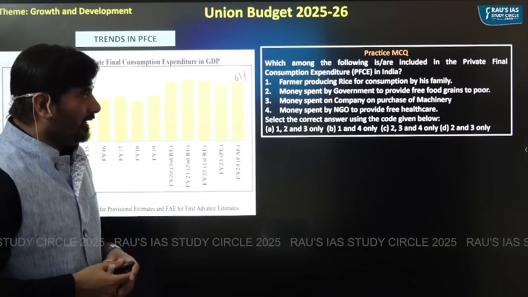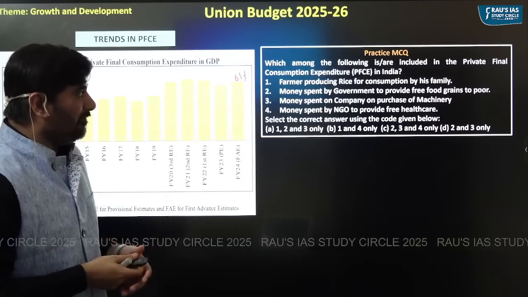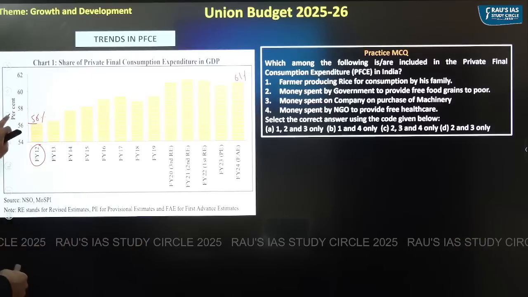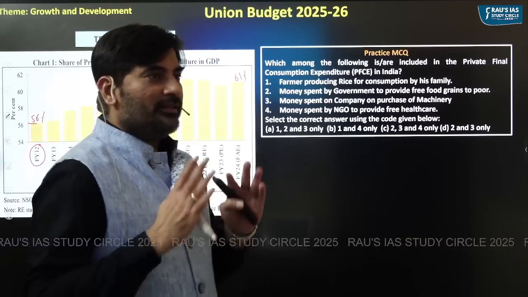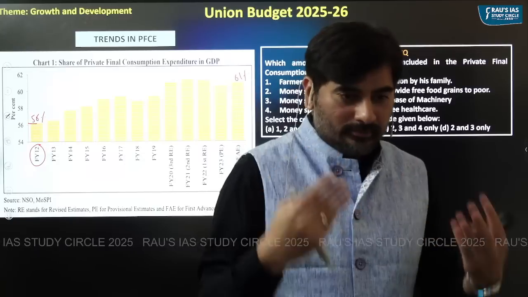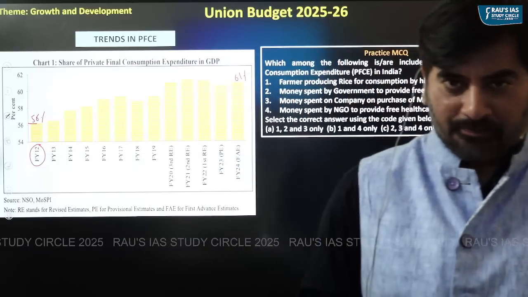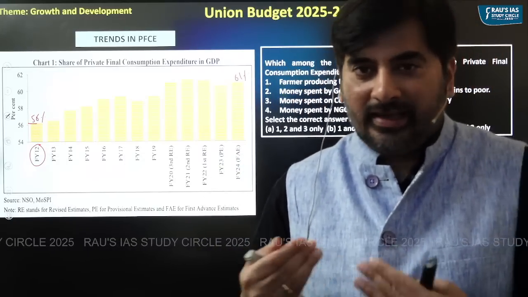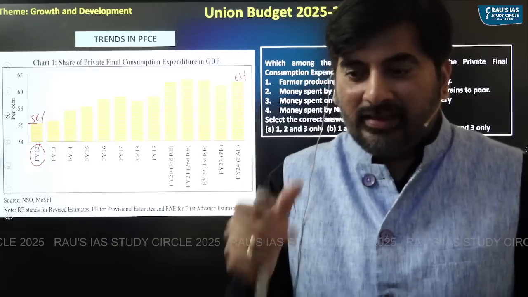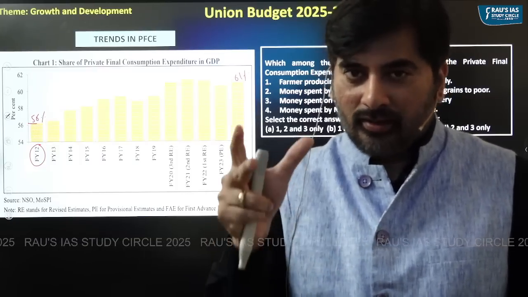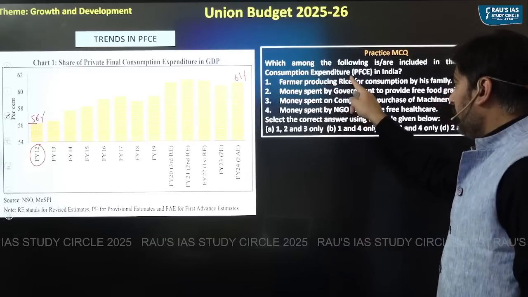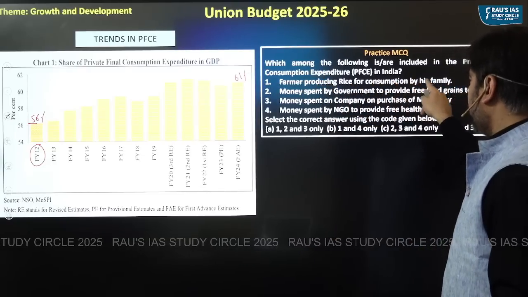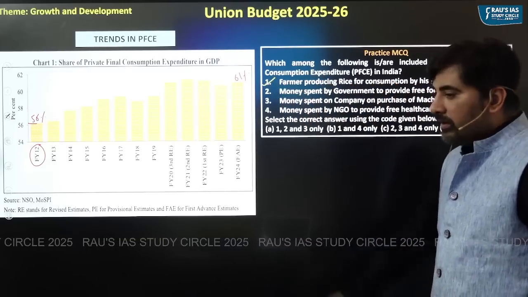Which among the following are included in private final consumption expenditure in India? Private final consumption expenditure is basically the money which is spent by people on purchase of goods and services. So what is included and what is excluded? Let's understand this thing. Farmer producing rice for consumption by his family.